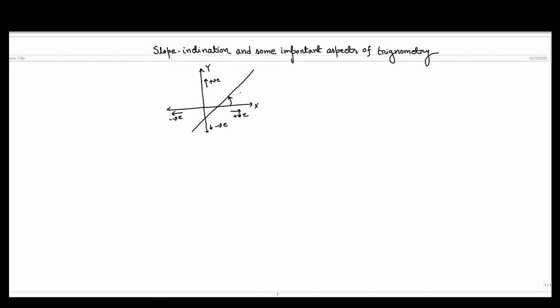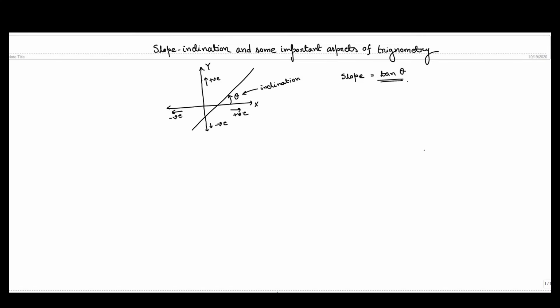The angle the straight line makes with the positive x-axis, let us denote it by theta. This theta is known as the inclination of the straight line, and we denote the slope of the straight line as tan of theta.